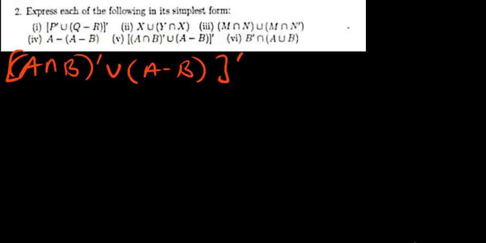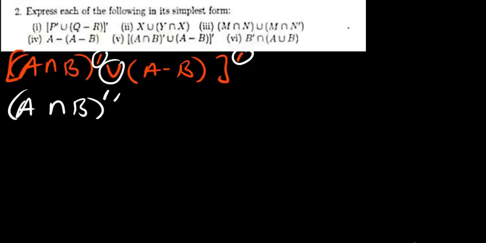We go to part 5. Part 5 is saying A, we have a big bracket, then another bracket here, then complement union A minus B. The first thing, let's distribute this complement inside. So it will be A intersected with B, so the complement has come inside and this one changes to intersected. Why is this not changing?